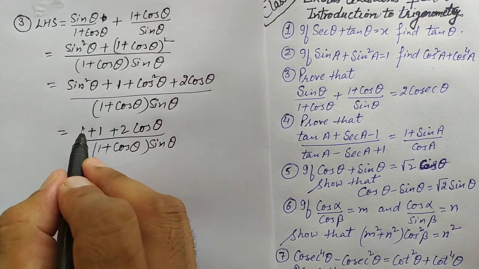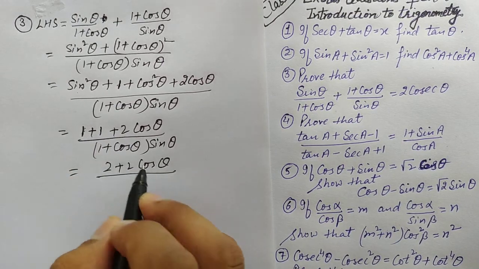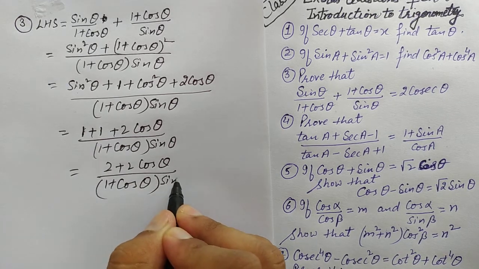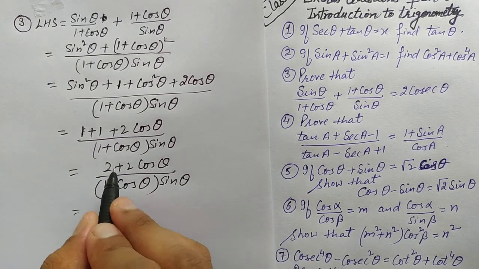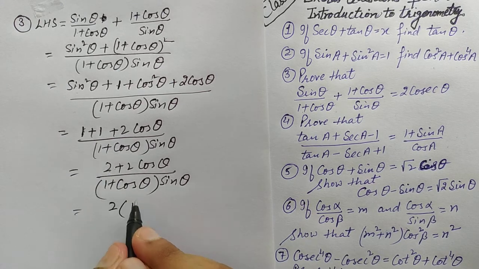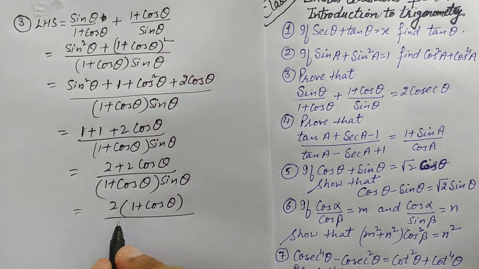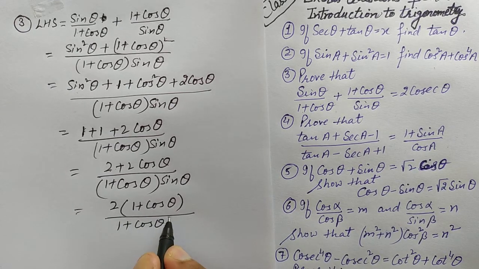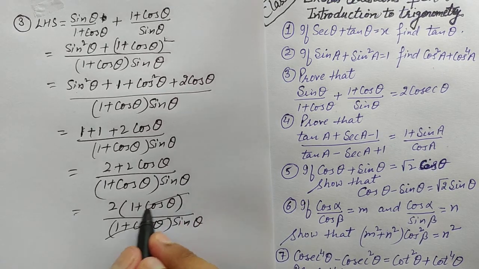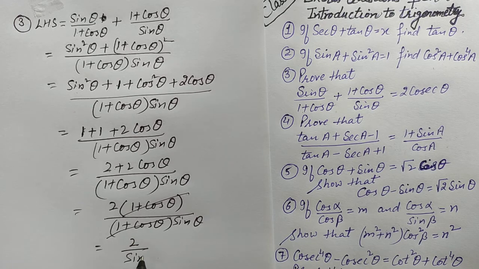So it becomes here 2 plus 2 cos theta over 1 plus cos theta into sin theta. Now 2 can be taken common in the numerator, so it is left 1 plus cos theta inside, and here denominator 1 plus cos theta into sin theta, right? So 1 plus cos theta will be cancelled, so it is left 2 over sin theta.